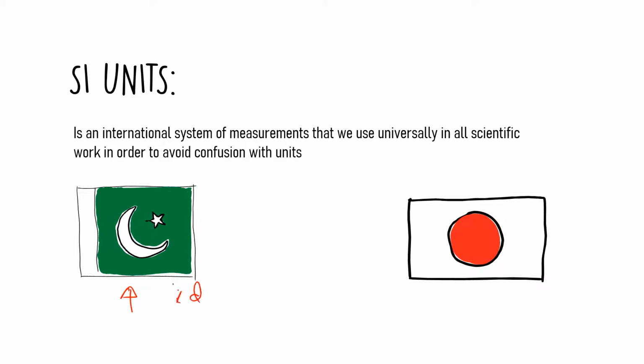Let's say KD, or let's say I use millimeters for that matter. And then you are someone who is residing in Japan and you receive my research paper and you start working on it. And when you start working on it, you wonder what KD exactly is.